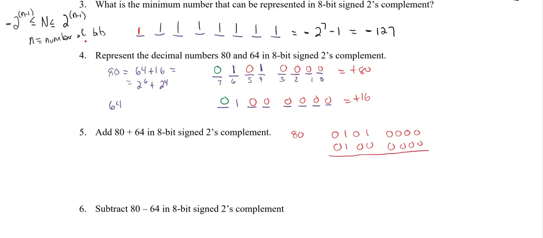We add them up, and those are all our zeros. 1, 0, 0, carry the 1, 1, and then we're carrying out a 0. If we look at this resulting number, it is clearly negative. Why do I know it's negative? Because it has a 1 for the sign bit.